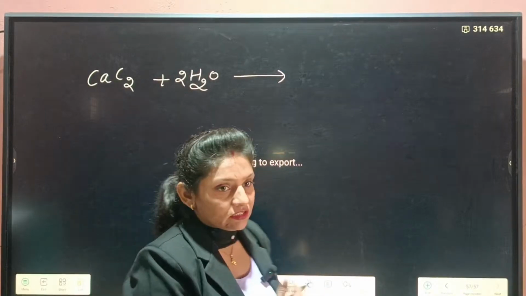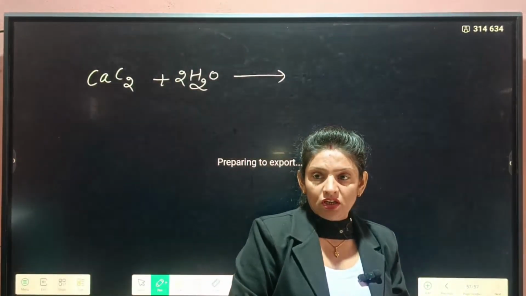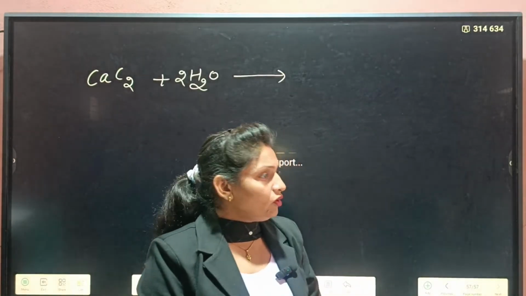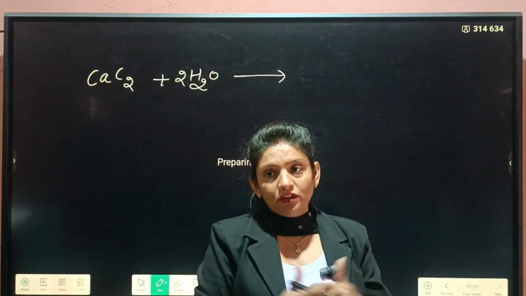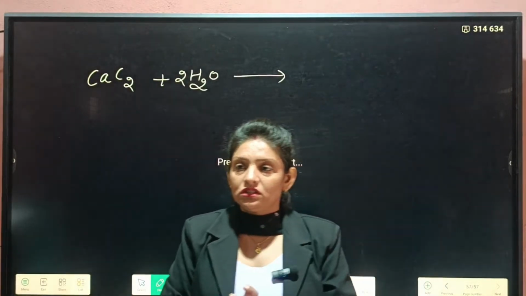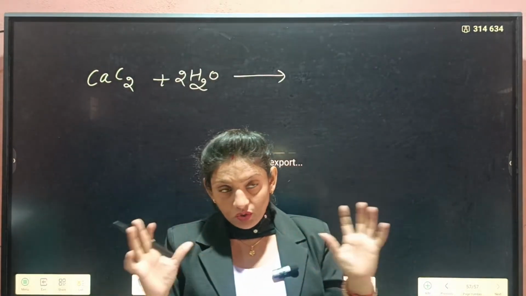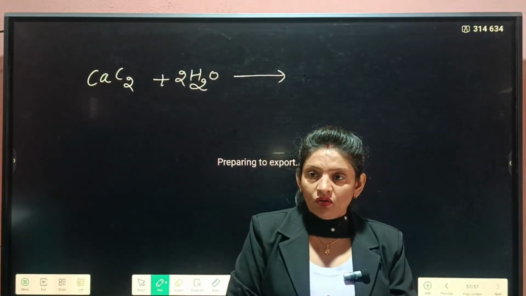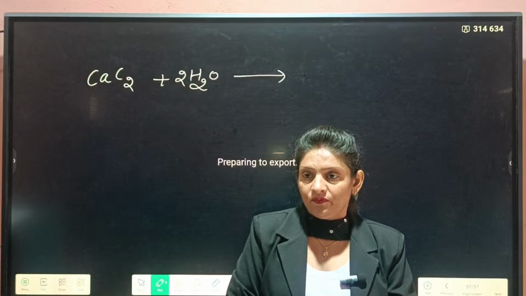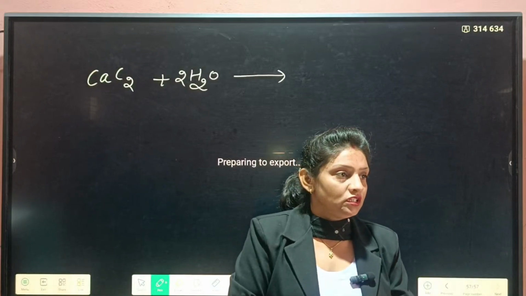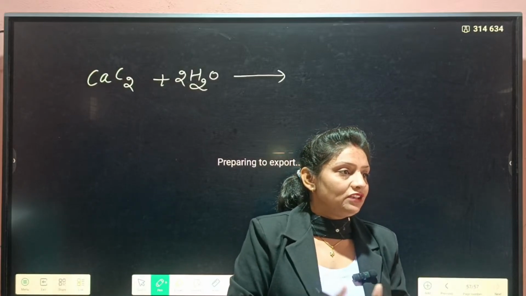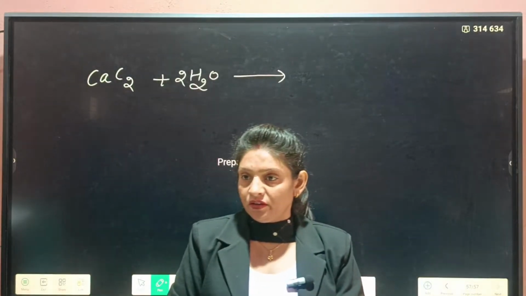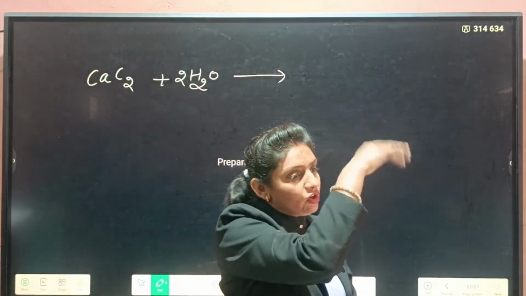And CaCO3, that is the limestone. You know, after 2 or 3 days of the whitewash, you can see shining on the walls. Why is it? It is due to the formation of calcium carbonate. First you have calcium oxide, the whitewash which you apply on your walls.